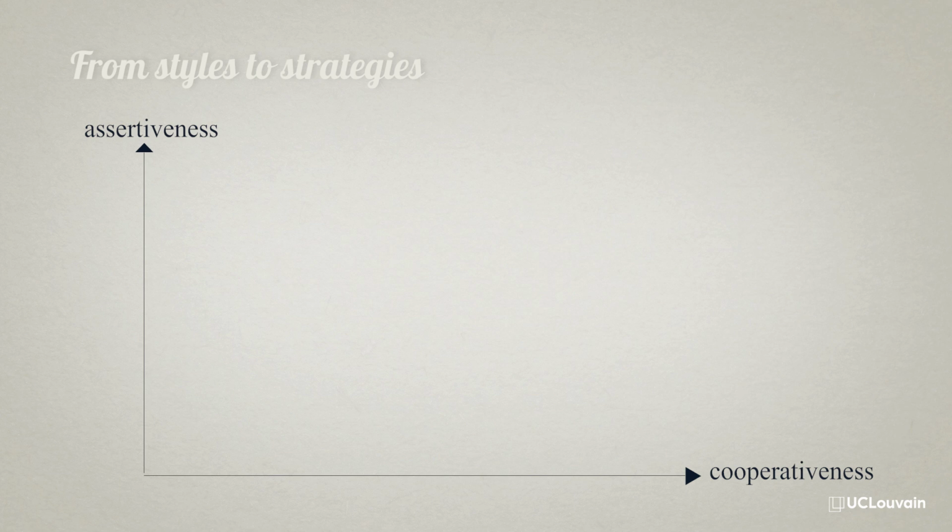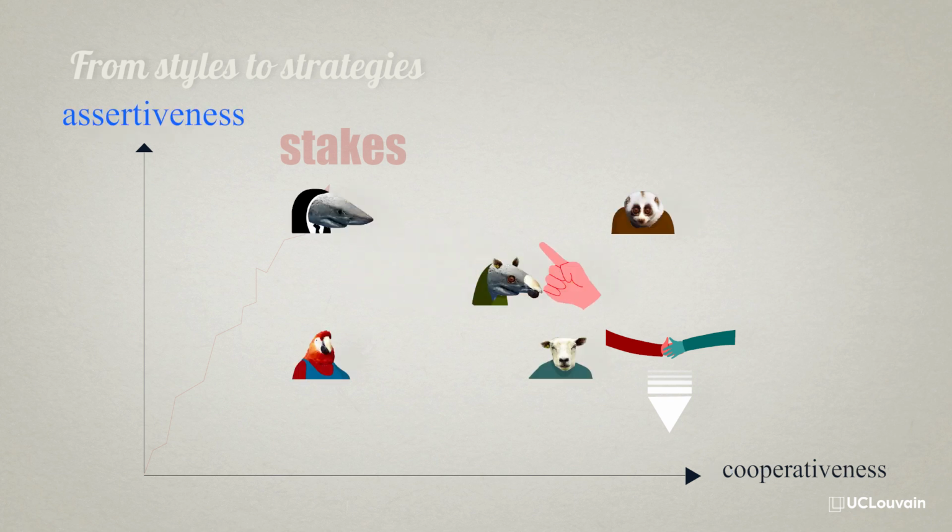The first question: are the stakes involved in this conflict high? And the second question: is the relationship between me and the person with whom I'm involved in a conflict of high or low importance? The answer to these 2 questions will then allow people to consciously choose the most appropriate strategy to implement in the situation.